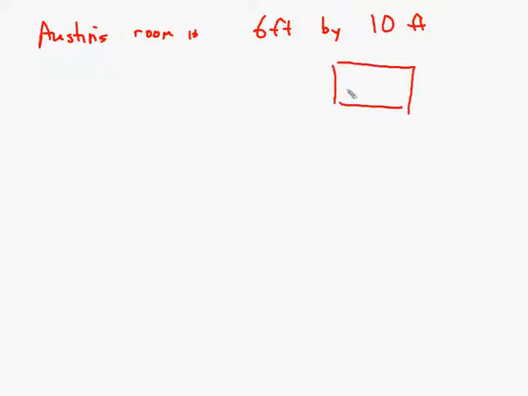Austin's room is 6 foot by 10 foot. It's kind of a narrow rectangle. He wants to rearrange his room.